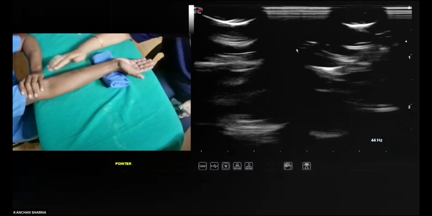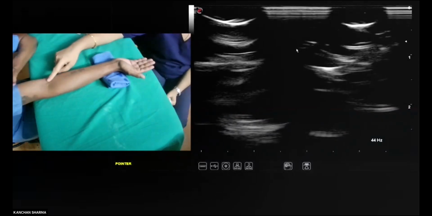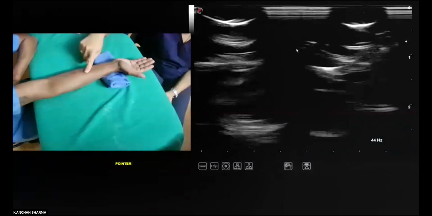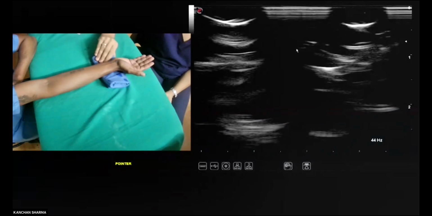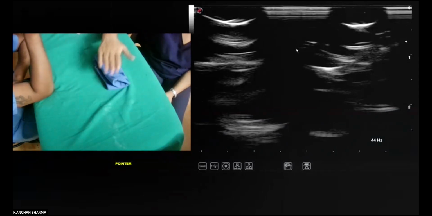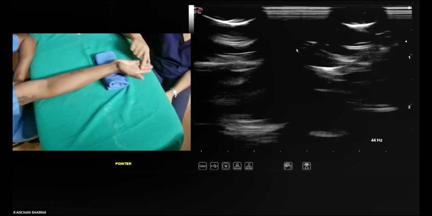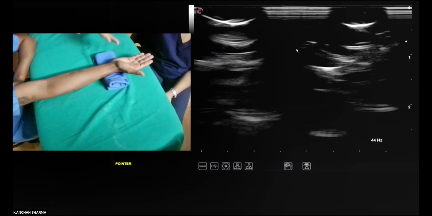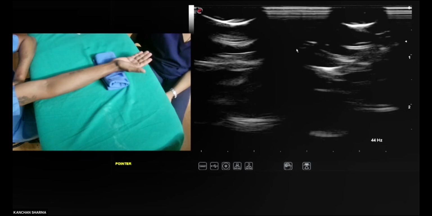So the elbow is extended, the forearm is supinated, the palm is facing up. This is just a rolled sheet which I have kept beneath his wrist joint. He has a normal curvature of the wrist. Otherwise, even if you do not keep this, you will be able to put your probe and get the carpal tunnel very nicely.